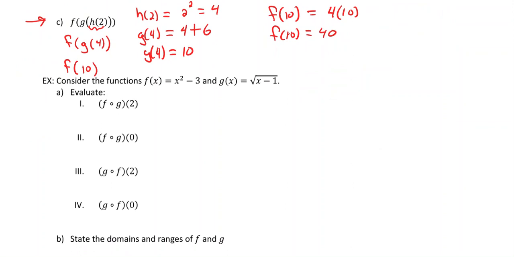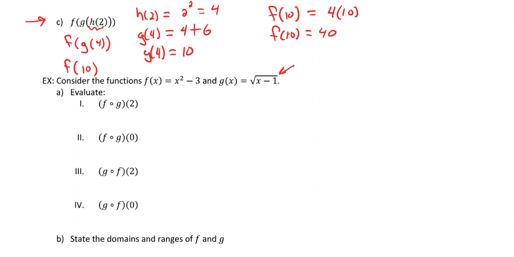Okay, next one. So now it's going to get a little bit different because we're going to throw a square root function into it. So it's going to change the domain, which is really going to be the biggest issue here. Okay, so this one's saying f of g of 2. So the very first thing I'm going to do is rewrite this because I don't like the way that that's written.